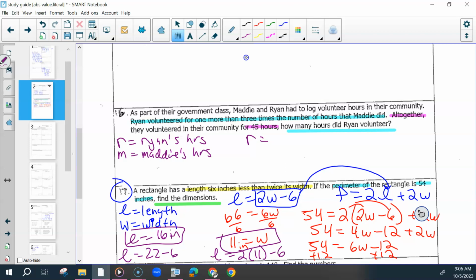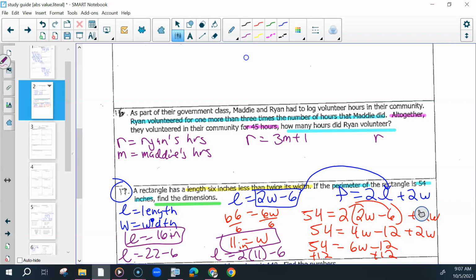More than 3 times the number of hours Maddie did. So we know we're going to multiply by M. But what's going to be the rest of that? Or 1 plus 3M. Either or, doesn't matter. And then we know together they volunteered for 45 hours.